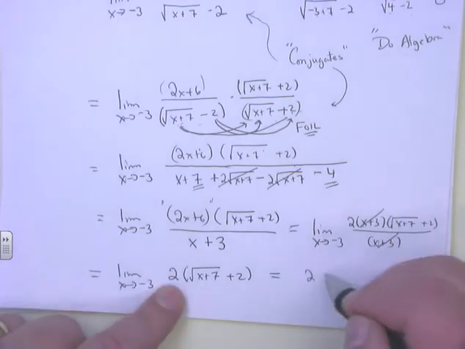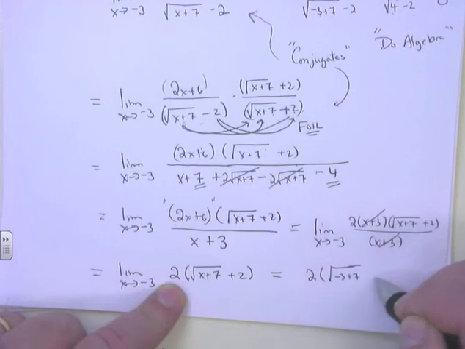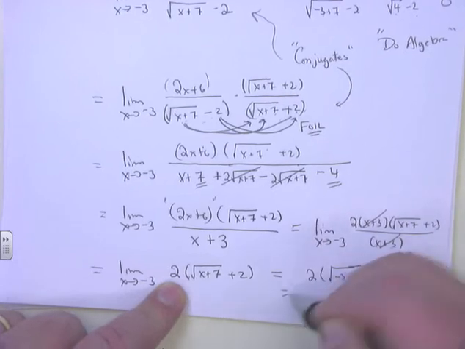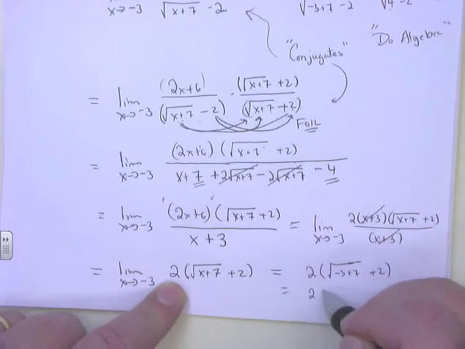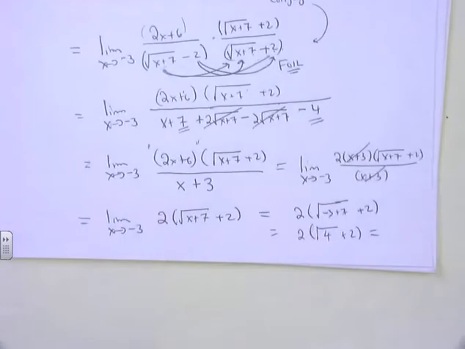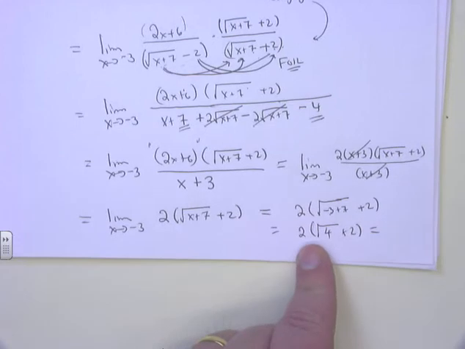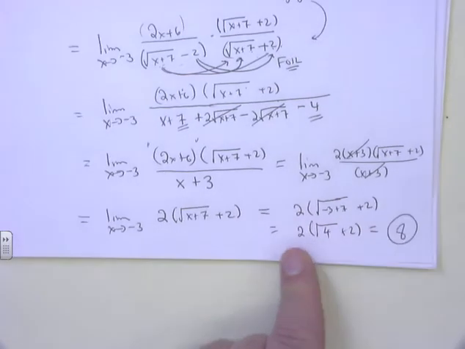So this will be 2 times the square root of negative 3 plus 7, which is 4, plus 2. All right, let's tell me what you get here. What's the square root of 4? Plus 2, times 2. My answer is 8. The limit value is 8.